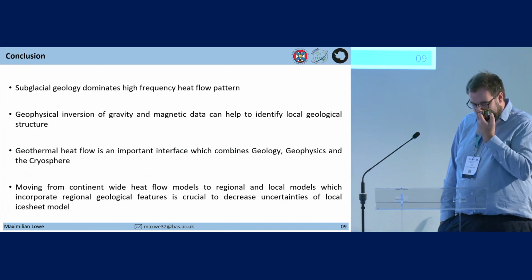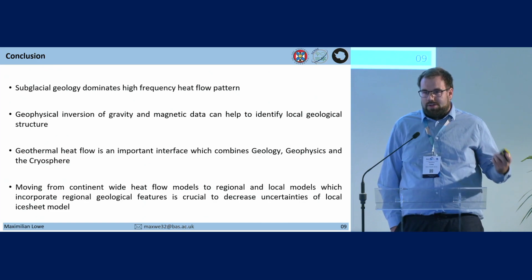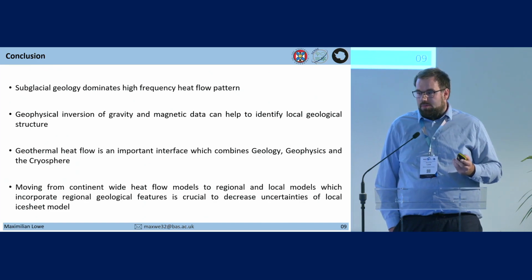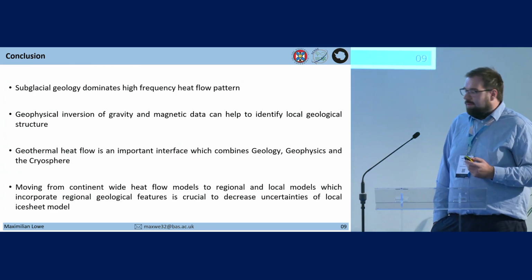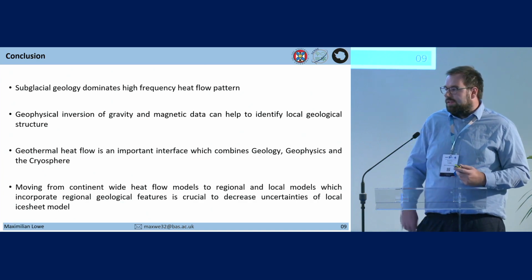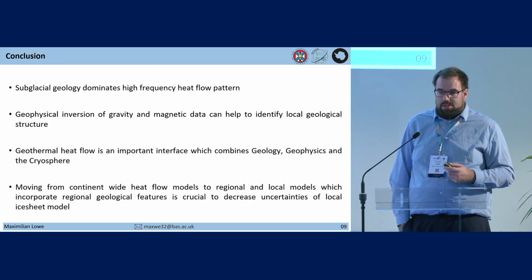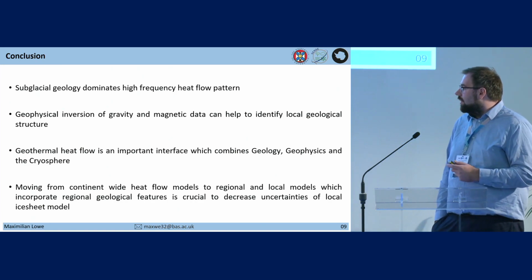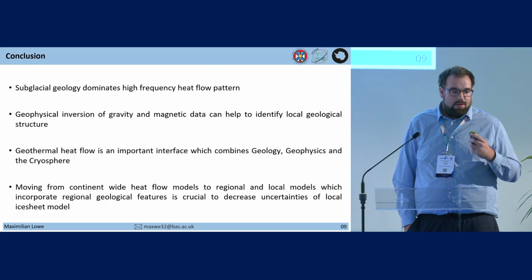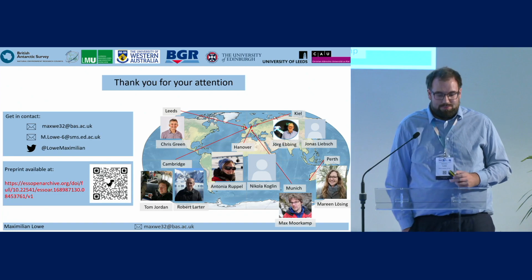And the last point I want to make is that we currently have quite good continent-wide geothermal heat flow models, with the Lösing, Shen, and Stål models, but the way forward is probably to go to local and regional scale estimates, and try to incorporate as much information as we have, including geological information, and not rely on one single method. Yes. And with that, I thank you.